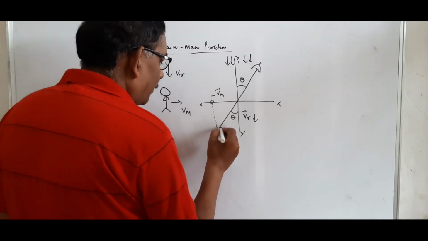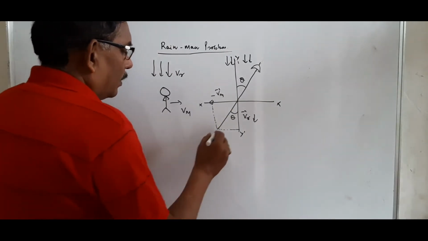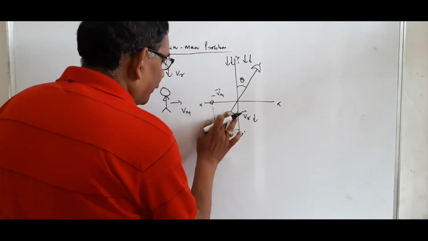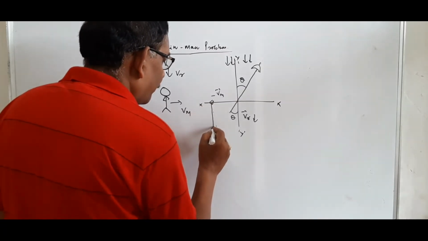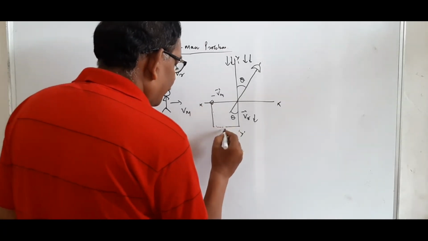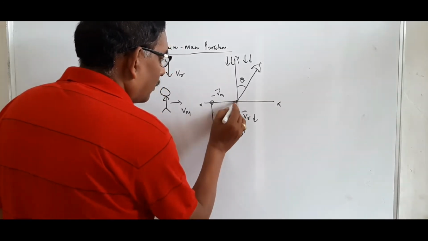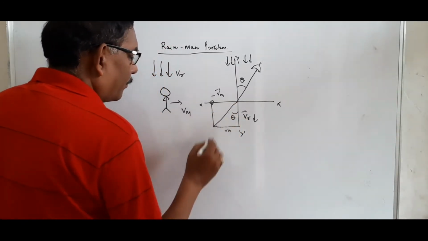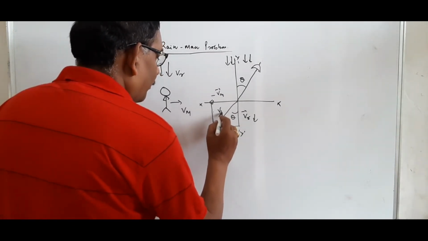Now complete the parallelogram. If this is Vm, this is also Vm. This is the resultant Vrm.